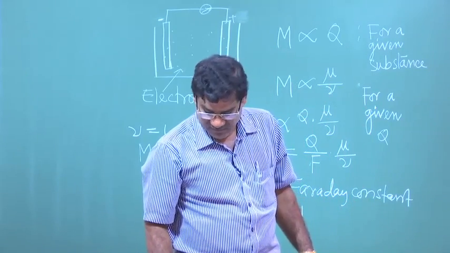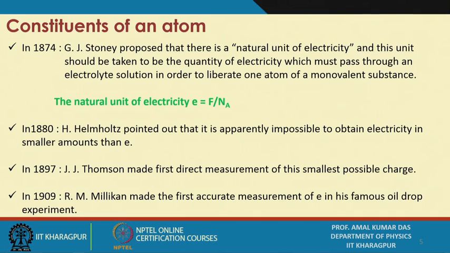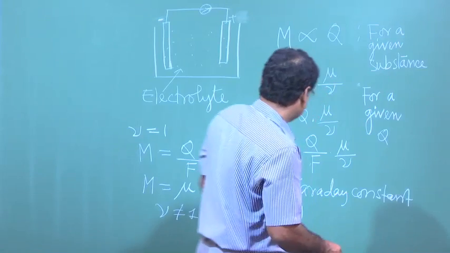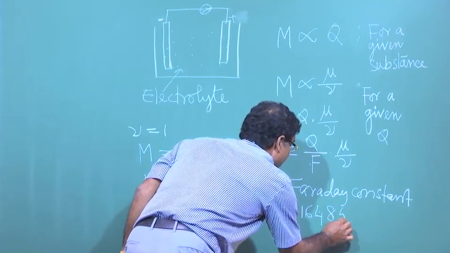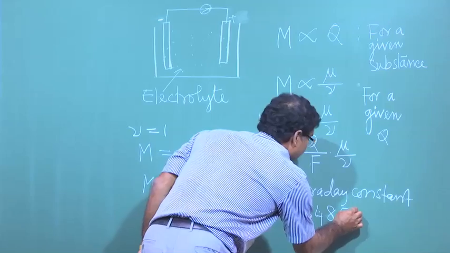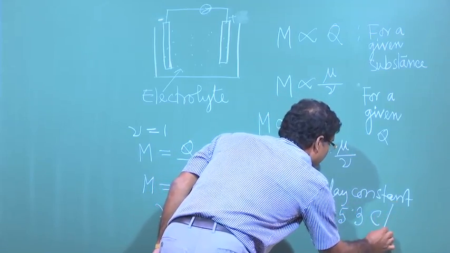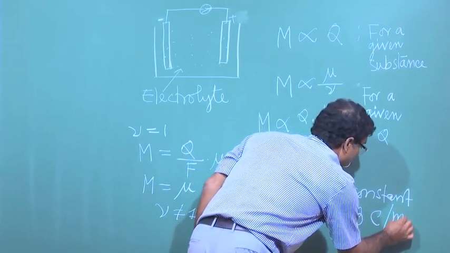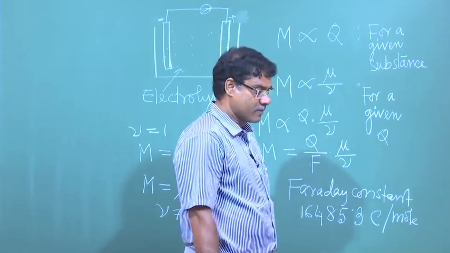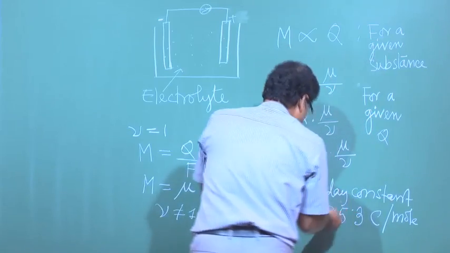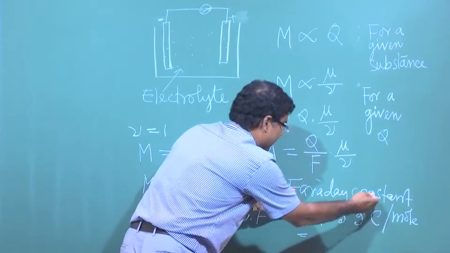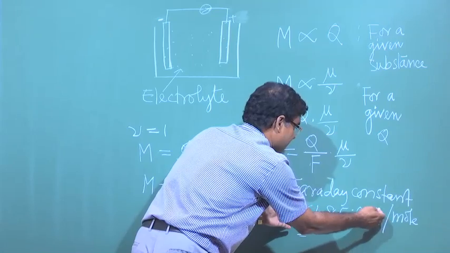Its value is 96485.3 coulomb per mole, and this is basically the Faraday constant in terms of coulomb.